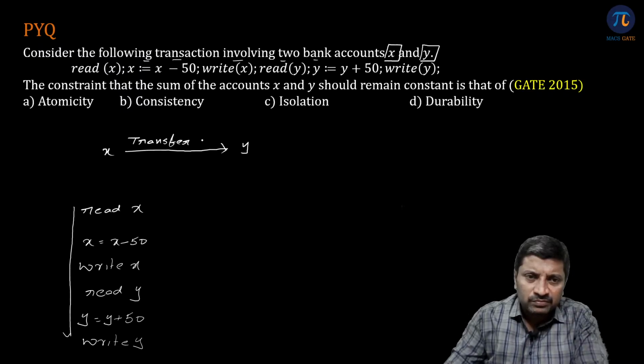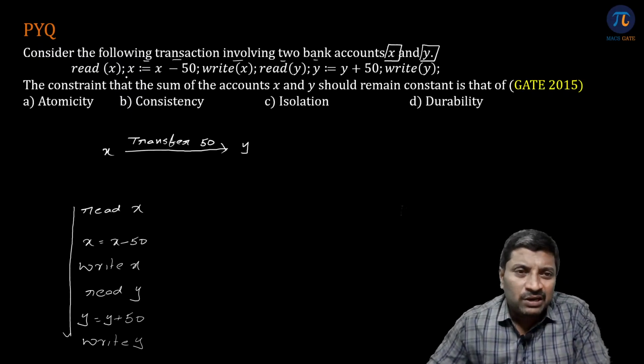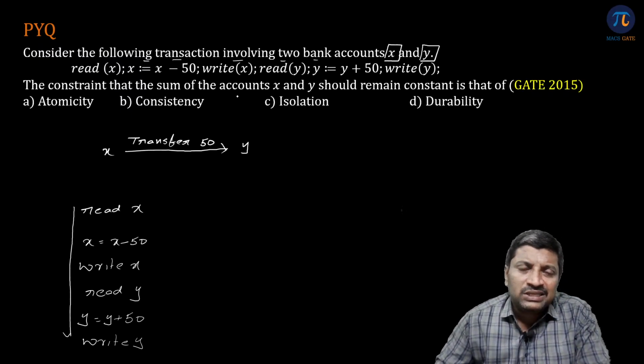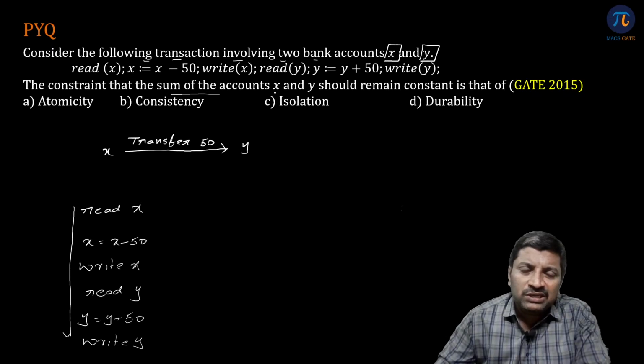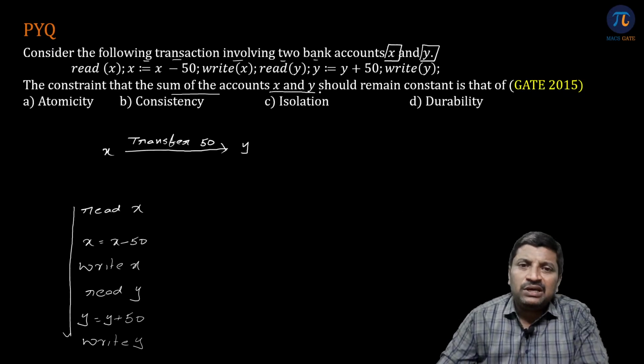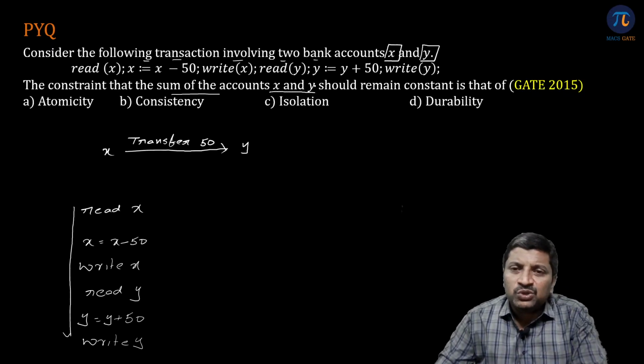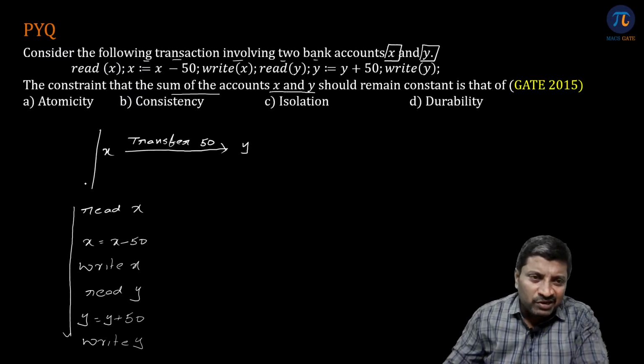Now the question: the constraint that the sum of accounts X and Y should remain constant is that of which property? Before the transaction, what is the total of X and Y?